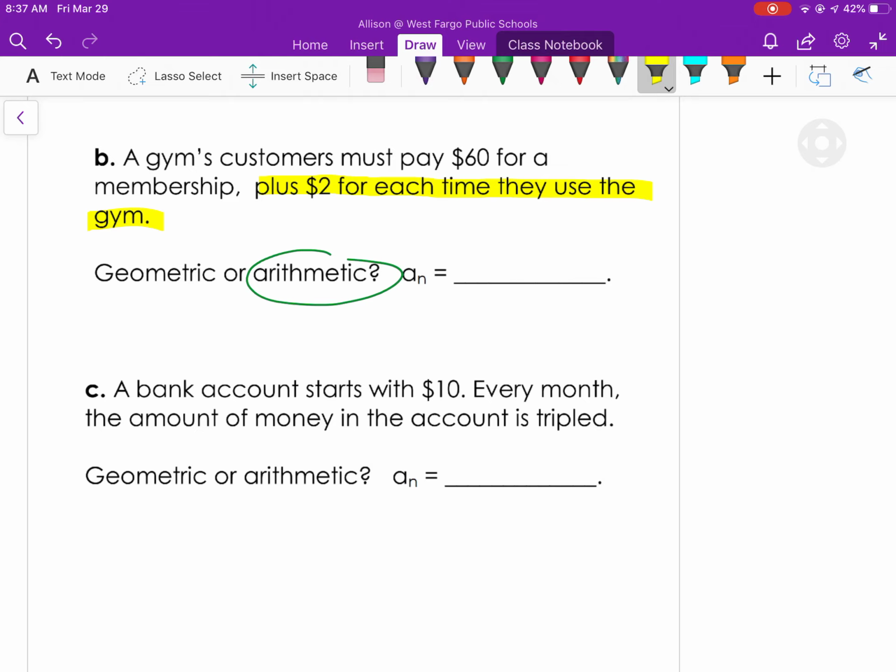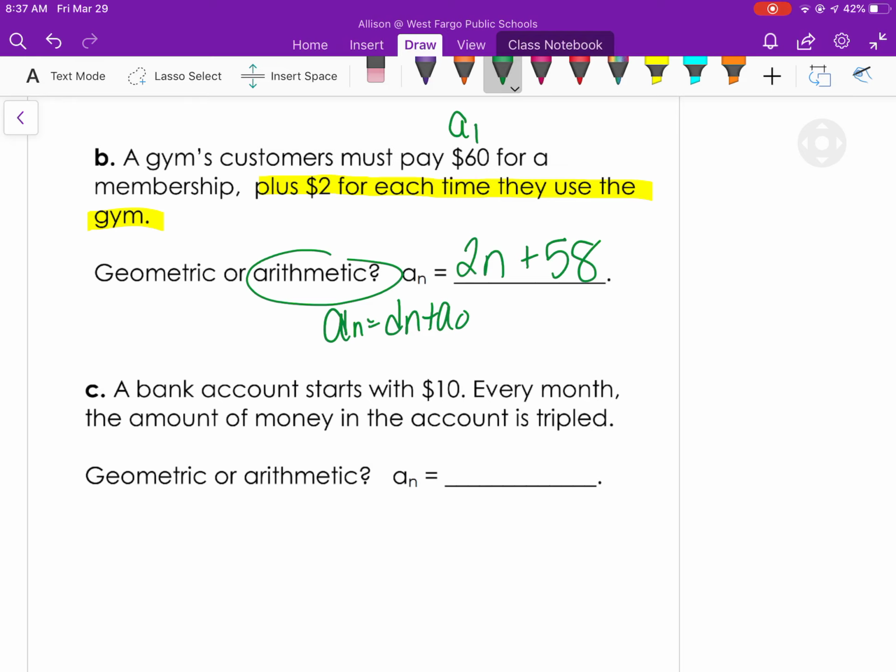So we can write the formula as dn. A sub n is dn plus a sub 0. So $2 every time you go, and then if it started at $60, subtract 2, it'd be $58 before you go.